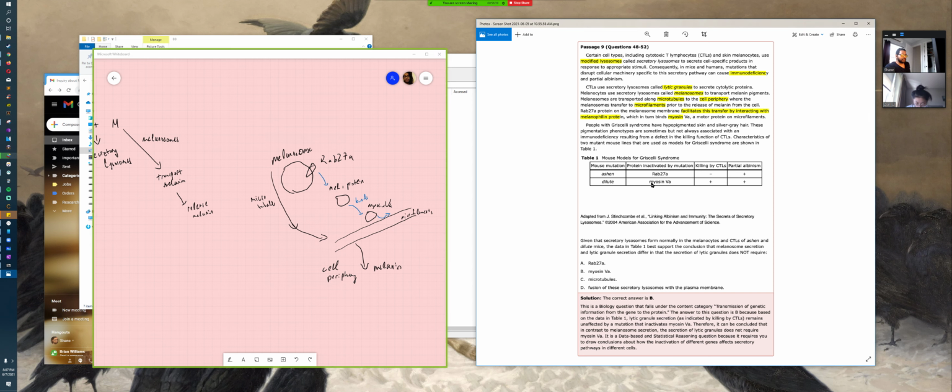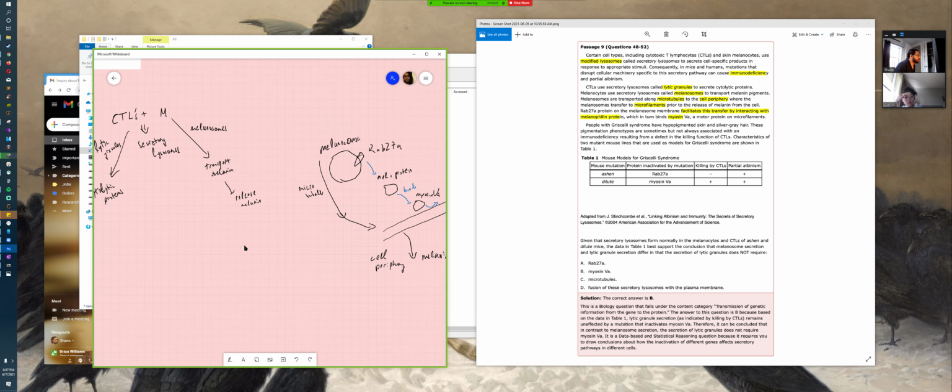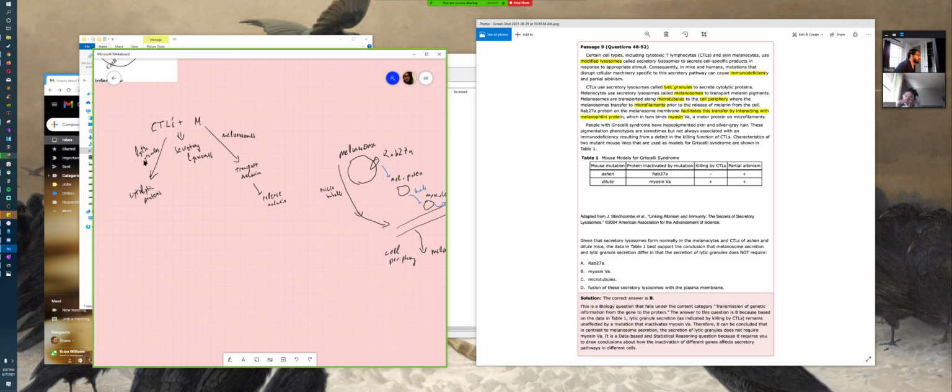So if myosin VA is messed up, they're basically saying that lytic granule secretion is this over here, and that is what causes the CTL to work to destroy, to kill, right? So if Rab is messed up, this thing is messed up.